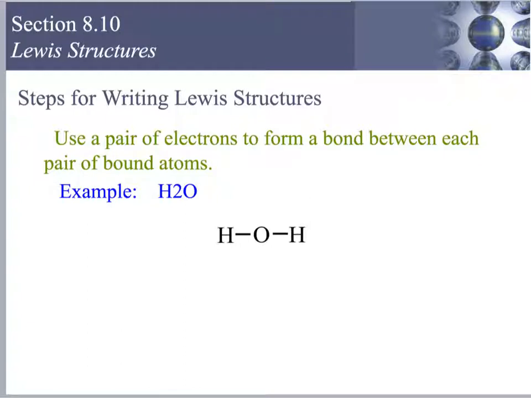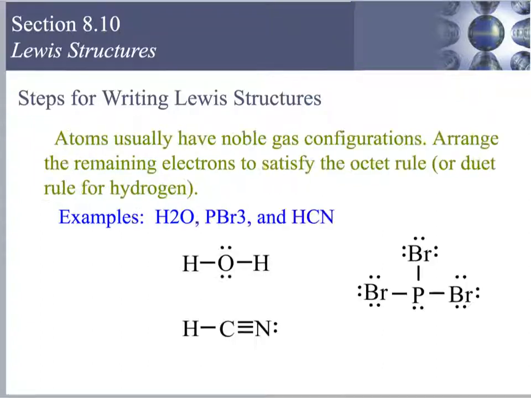So we have the situation where we put oxygen connected to a hydrogen, and that's a pair of electrons, so we've used 2, and then we have another pair of electrons there, so we've used 4 of our 8 electrons.